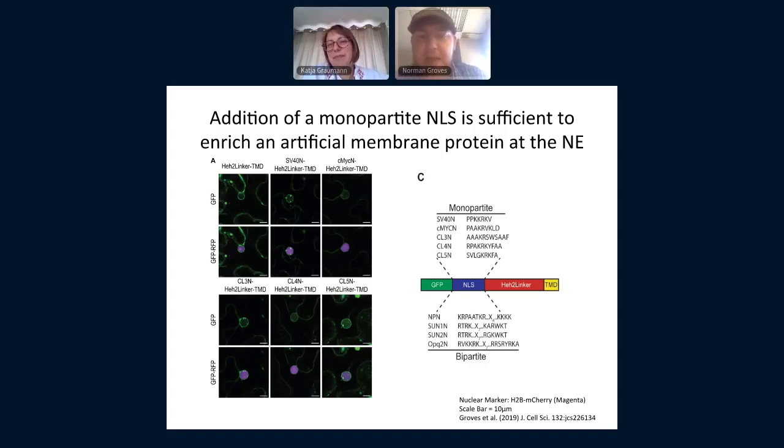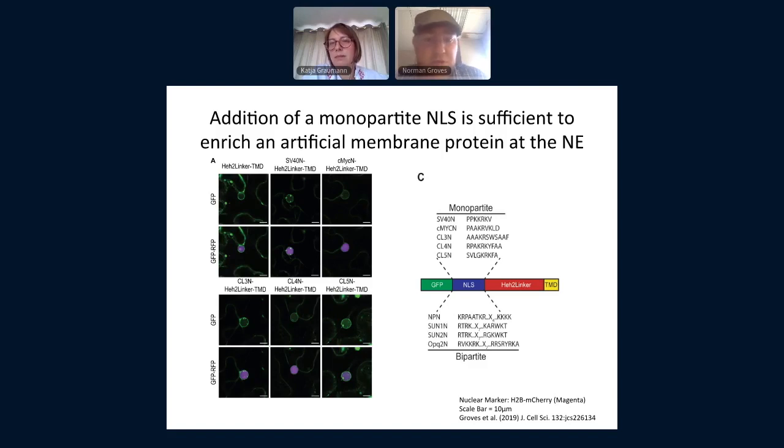So we do see aggregates a fair amount of the time. Now, generally, we tend to associate these with using an overexpression system. We don't often see deformities of the nuclear envelope, although it does happen in a minority of cases with particular NLSs. In particular, the Opaque2 NLS can form some nuclear deformities.